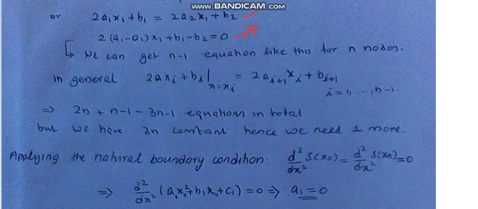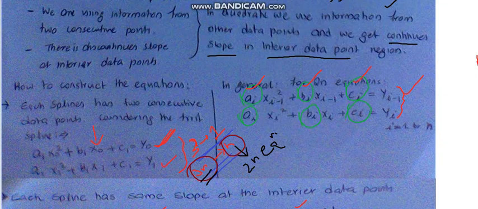We can also generalize this equation by using the ith and i plus 1 spline. We can write that expression in general like this. And basically what we are finding from this is that we'll be having 3n equations, 2n equations from the previous case, but we discussed from here.